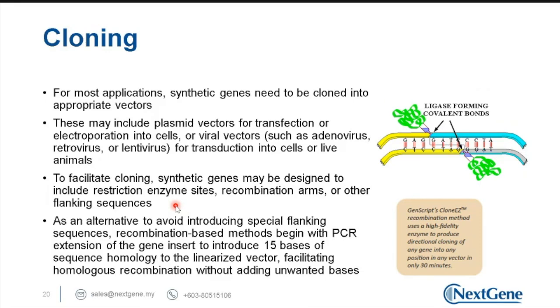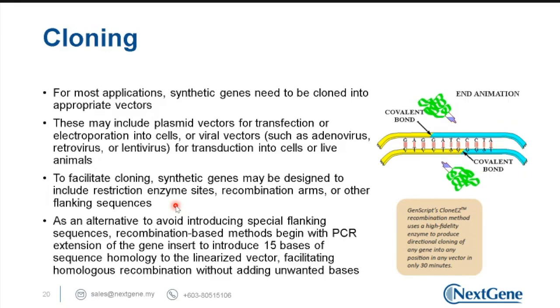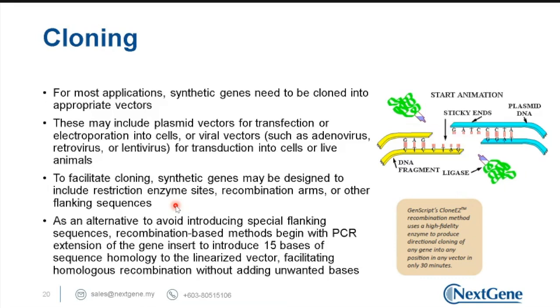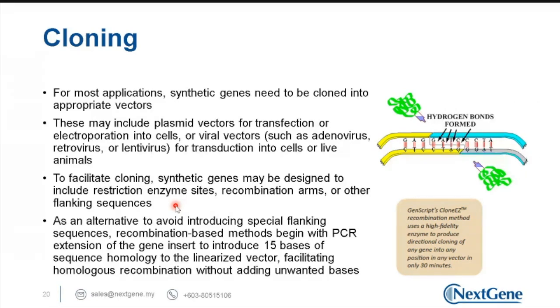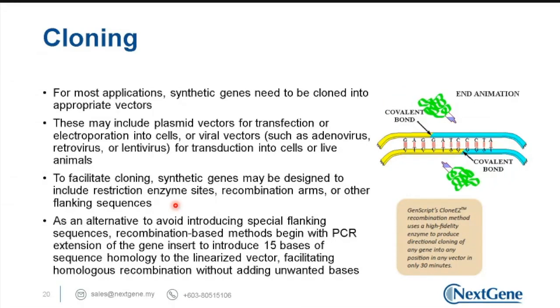As an alternative to avoid introducing special flanking sequences, the recombination-based method begins with PCR extension of the gene insert to introduce 15 bases of sequence homology to the linear vector, facilitating homologous recombination without adding unwanted bases.